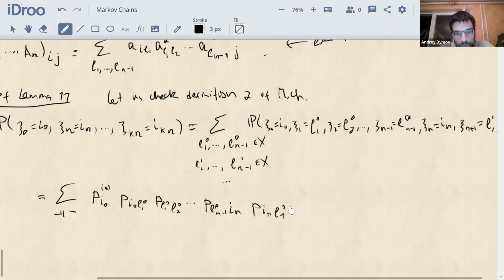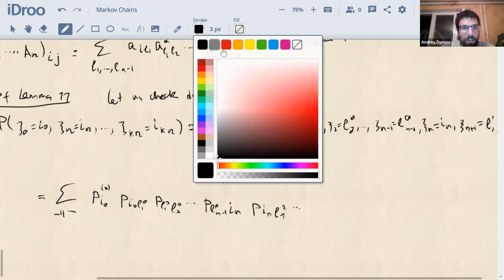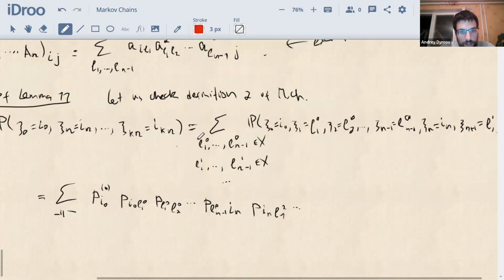Then transition probability from IN to L1, 2, etc. But look, when I take the summation, only these guys will be changed when I change L10, etc., Ln-1,0.